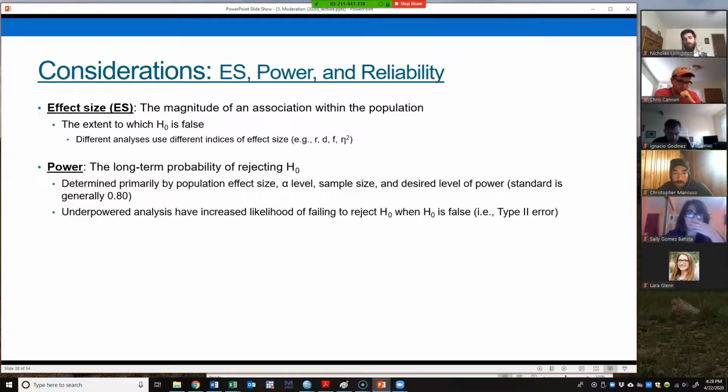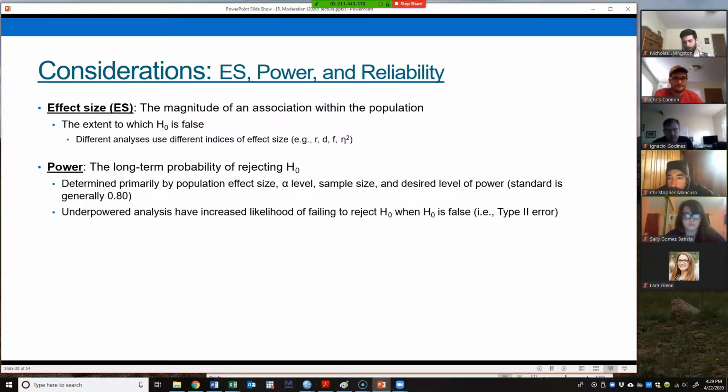Okay, power is the long-term probability of rejecting the null hypothesis, right? Over an infinite number of replications of a sample with an effect of this size and a sample of this magnitude, how many times am I going to find the effect that's there, and how many times am I going to get a false negative, where there's an effect in the population and I just didn't identify it?